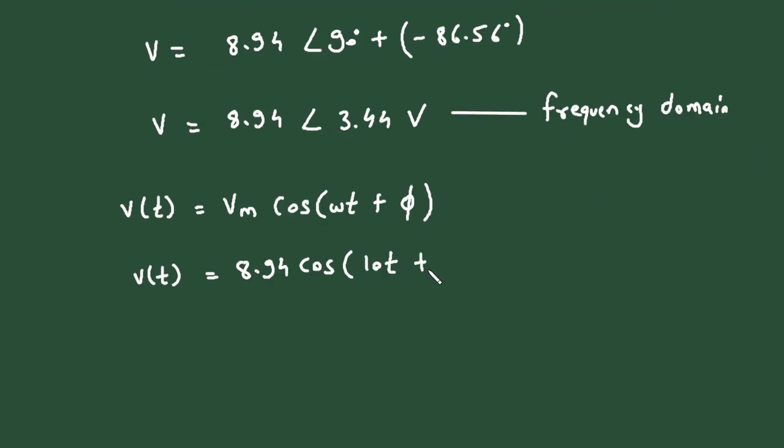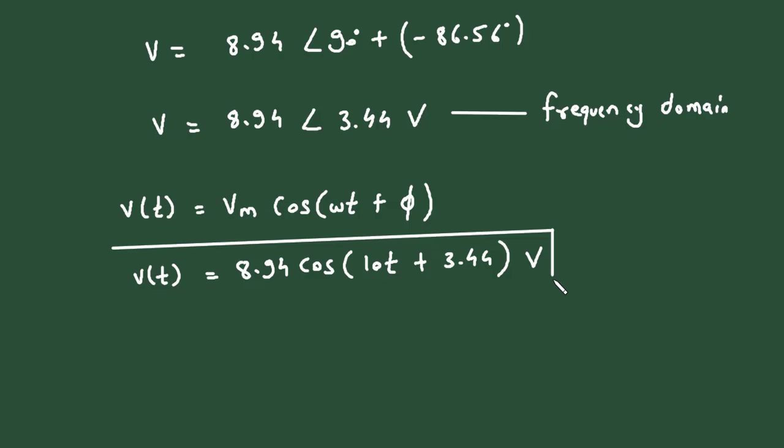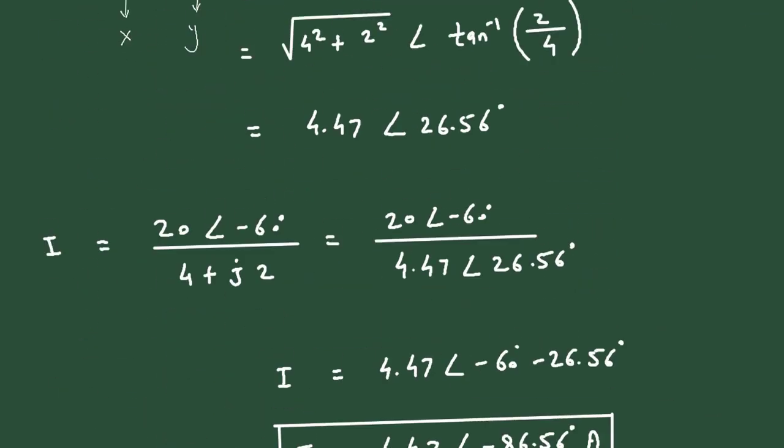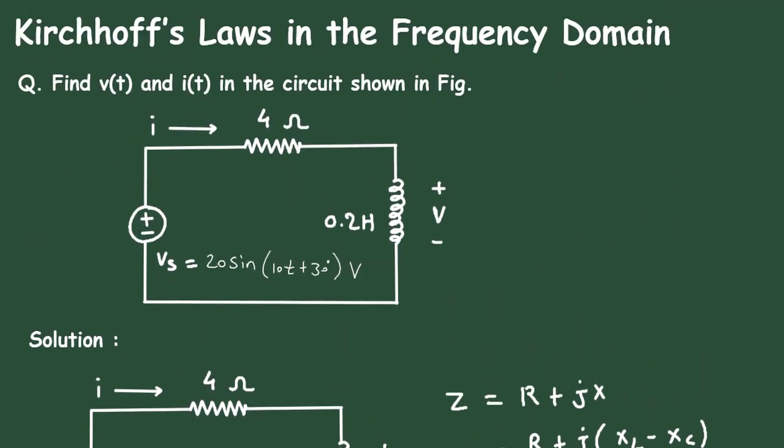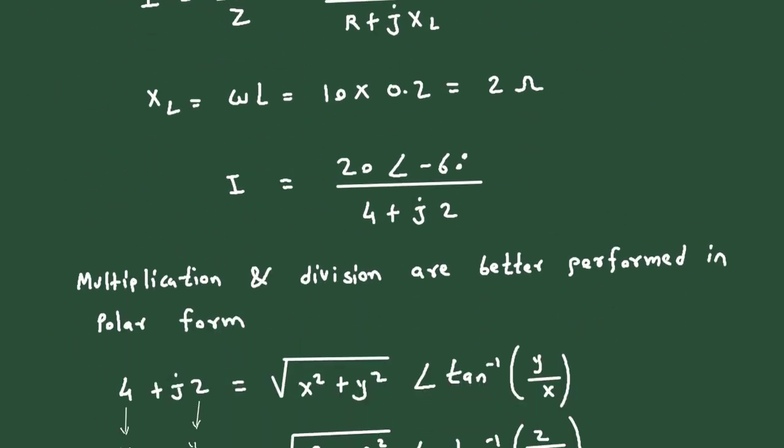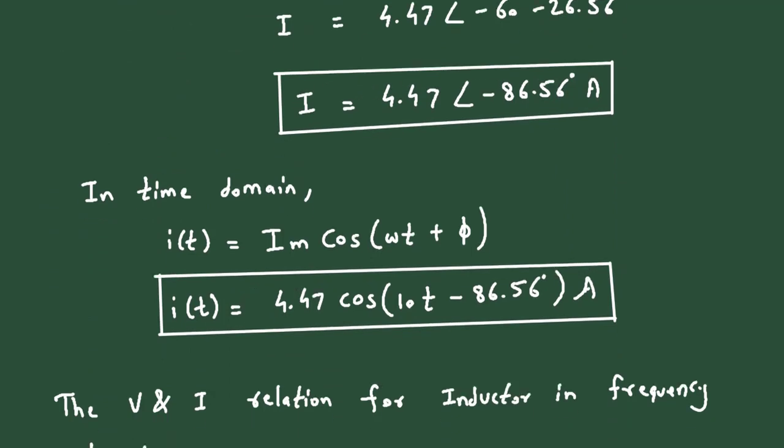So 10t plus the value of phi is 3.44, and since it is a voltage, so its unit will be volts. So this is the value of voltage in time domain format. Here we can see the voltage is in cosine form. So let's convert both the answers in sinusoid form.